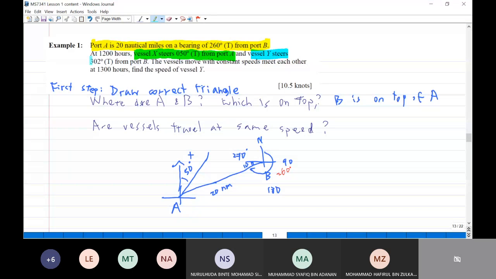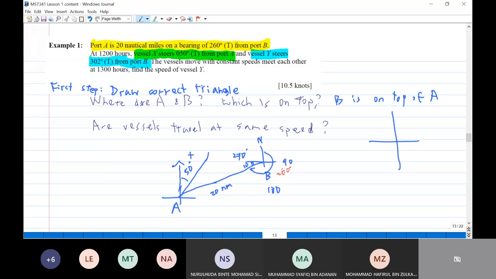is still at 302 degrees from port B. So again, you have to figure out from port B, 302. So where is 302? Maybe I redraw it for you. Where is 302?